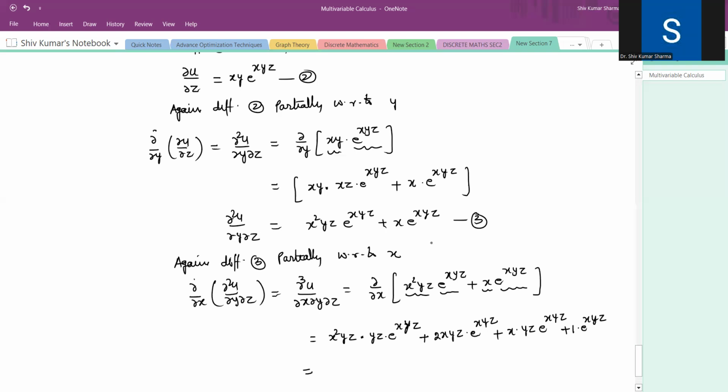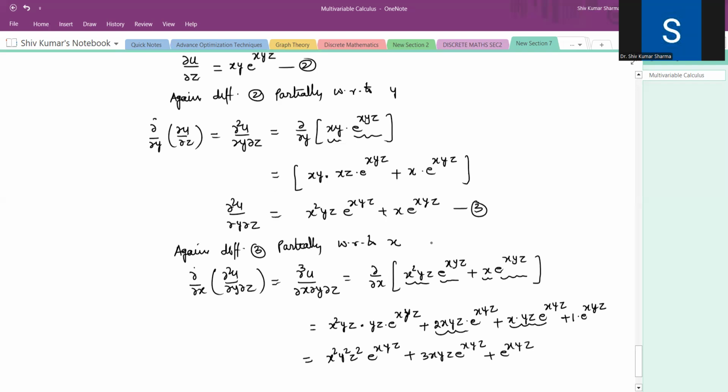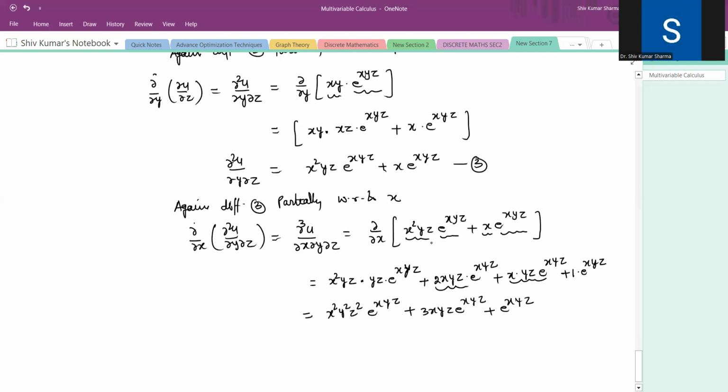So we can simplify this as x square y square z square e raised to the power xyz plus 2xyz plus xyz. This gives us 3xyz e raised to the power xyz, plus e raised to the power xyz. So we can take e raised to the power xyz as common.